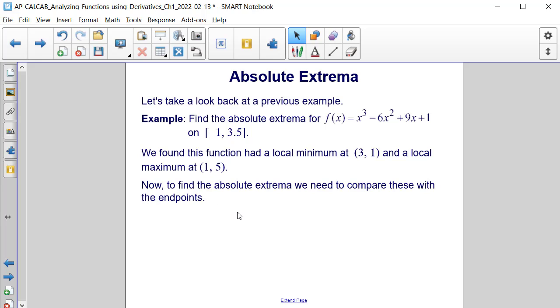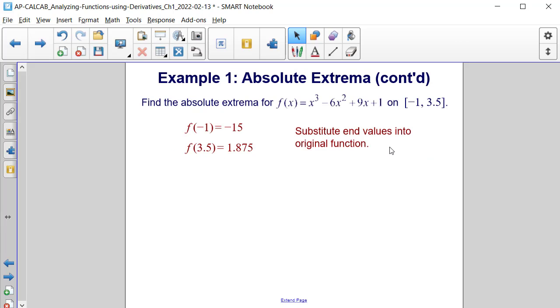Now, to find the absolute extrema, we need to compare these with the endpoints that have been provided in our interval. So if we substitute our endpoint values into the original function, we'll have -1 cubed, -1, minus 6 times -1 squared.